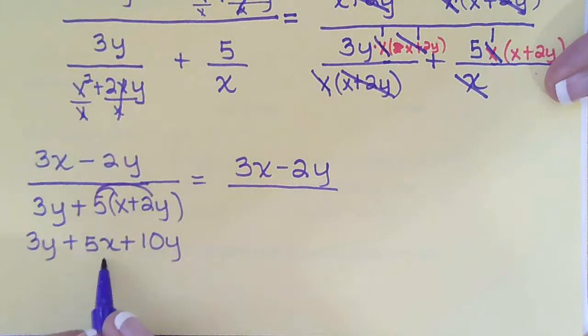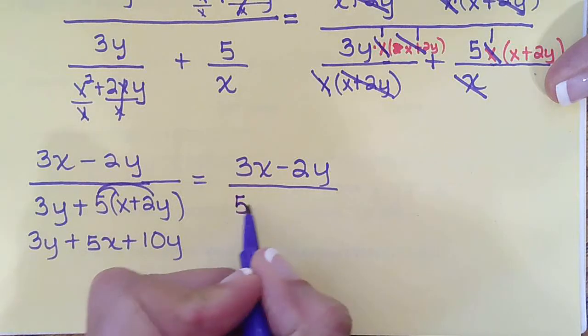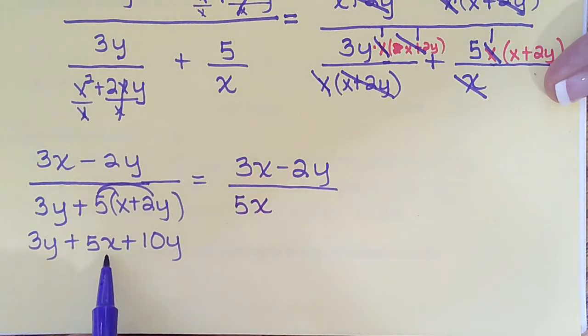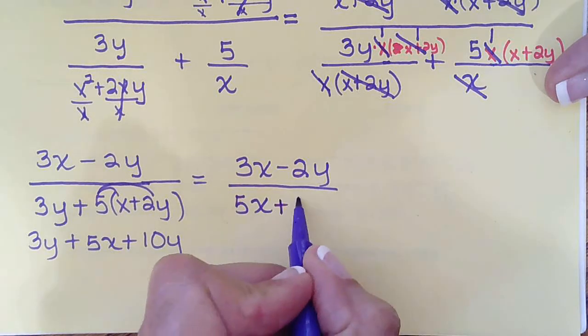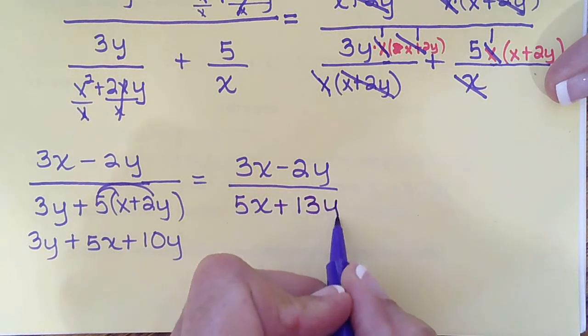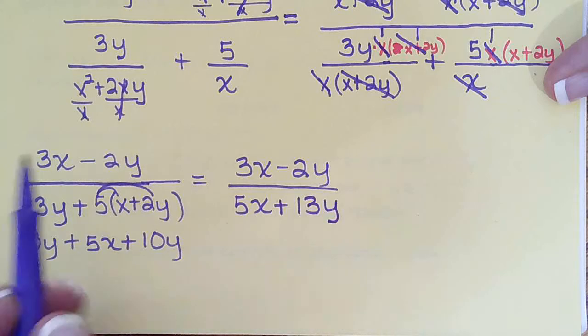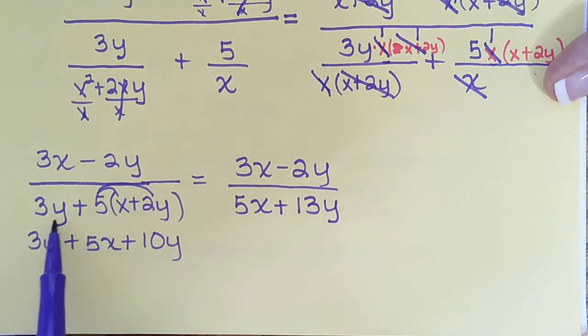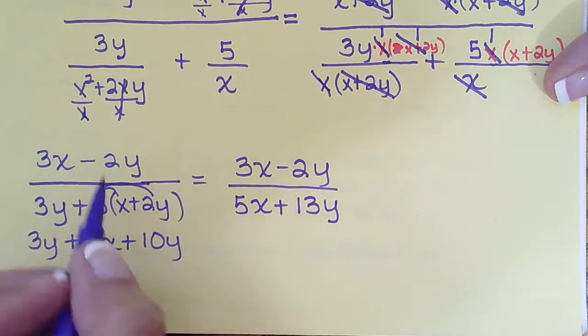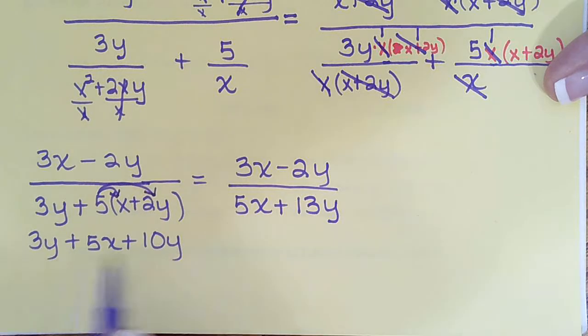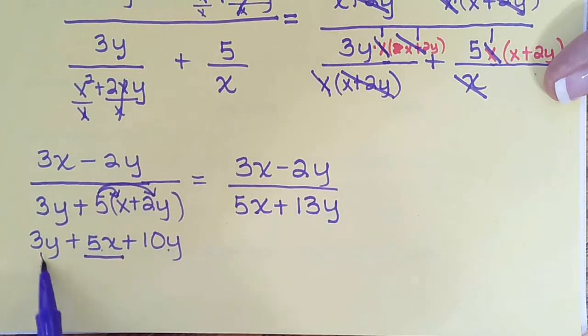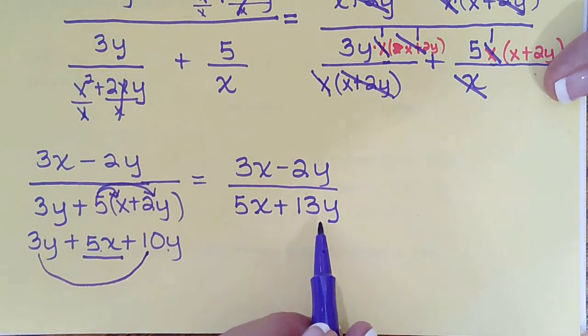So this one turns into 5x first because we want everything alphabetical. 3y plus 10y is plus 13y. So 3x minus 2y. Here we distributed and we got 5x plus 10y, and then we put our terms in alphabetical order. So this one first, and then these two turned into 13y.